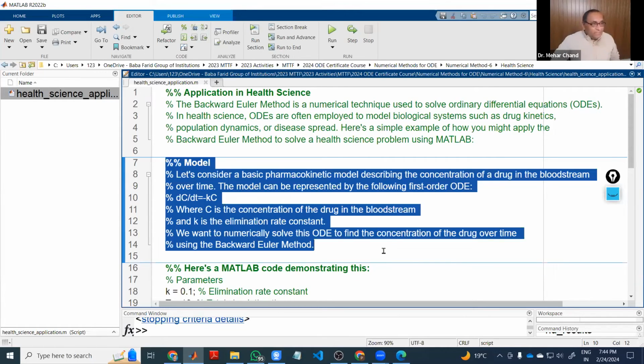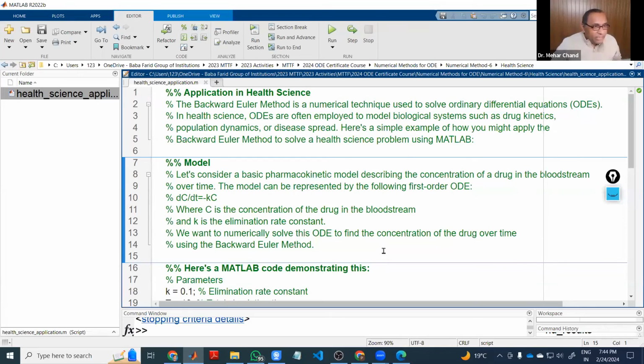Here you can see the model which we are choosing. Let's consider a basic pharmacokinetic model describing the concentration of a drug in the bloodstream over time. The model can be represented by the following first-order equation: dc upon dt is equal to minus kc, where c is the concentration of the drug in the bloodstream and k is the elimination rate constant.